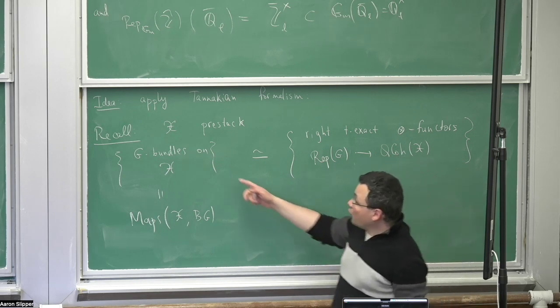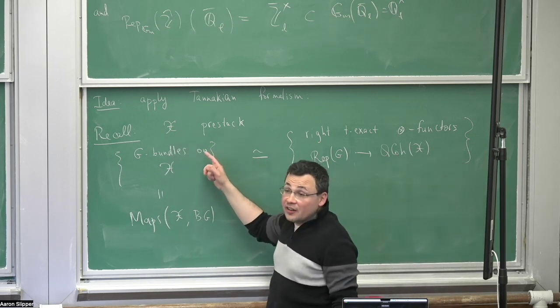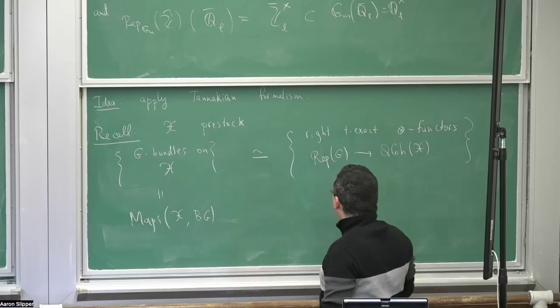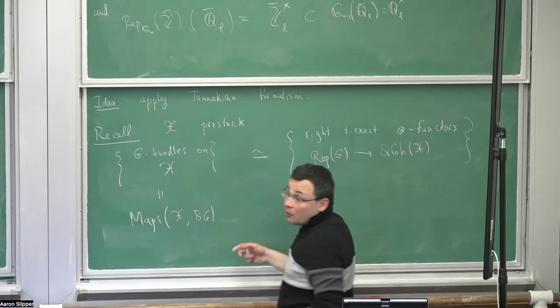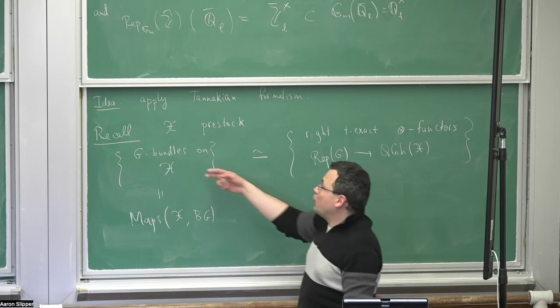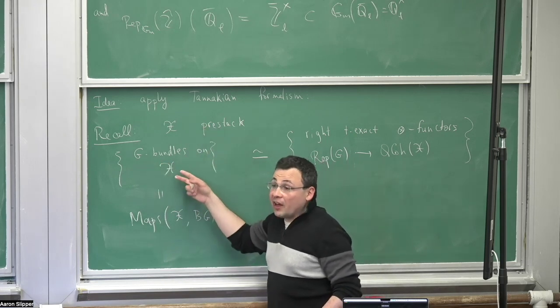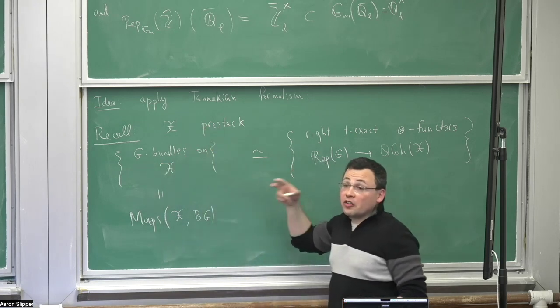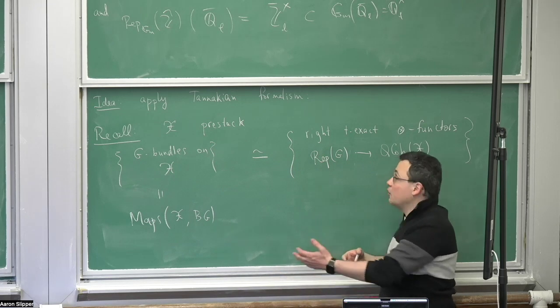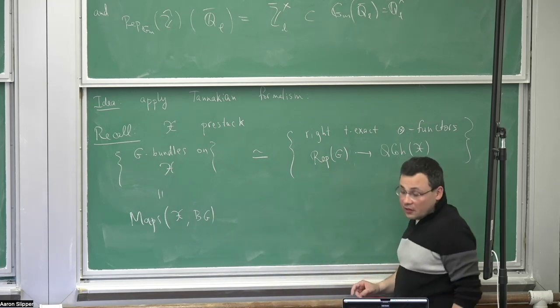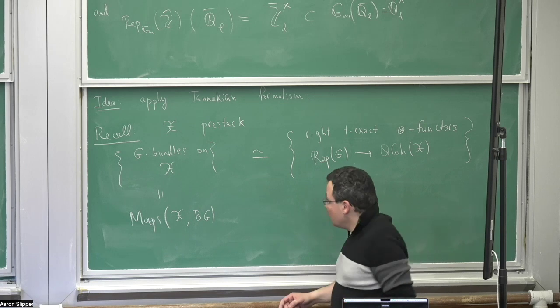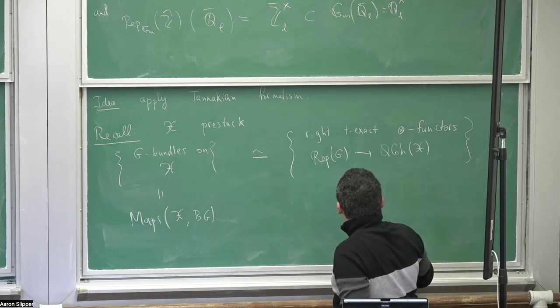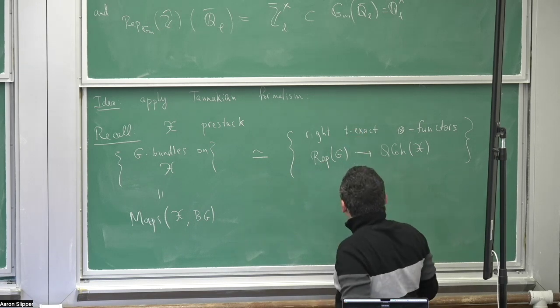If you're not comfortable with X being a pre-stack, I guess the usual thing is for X a scheme. But by definition, a G-bundle on a pre-stack is a compatible system of G-bundles on every scheme mapping to it. So this immediately reduces to that case.